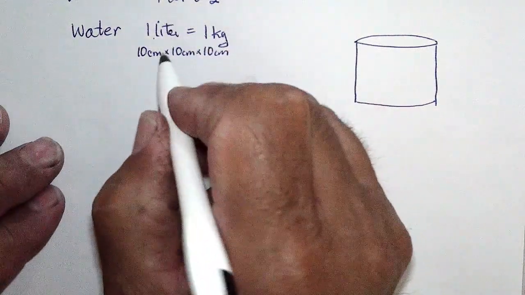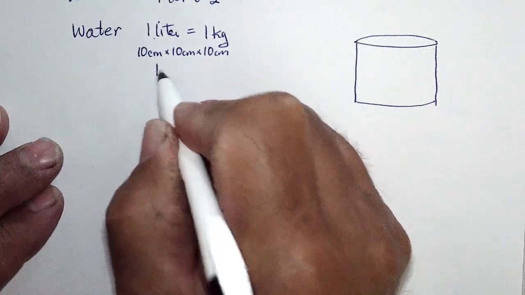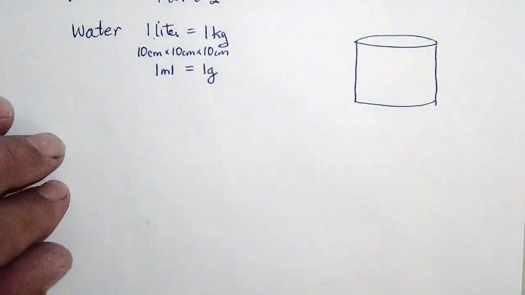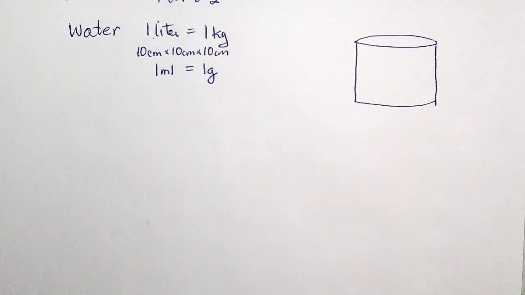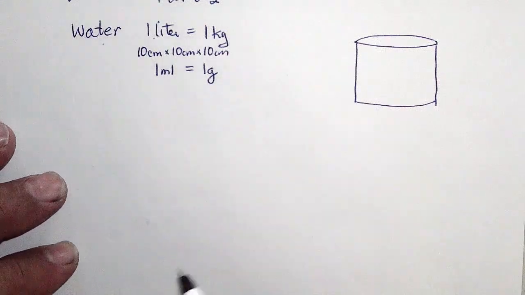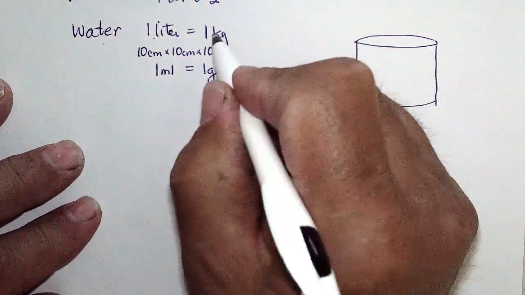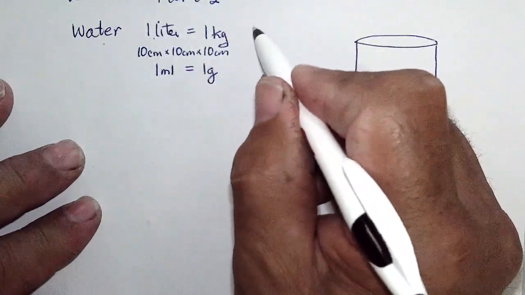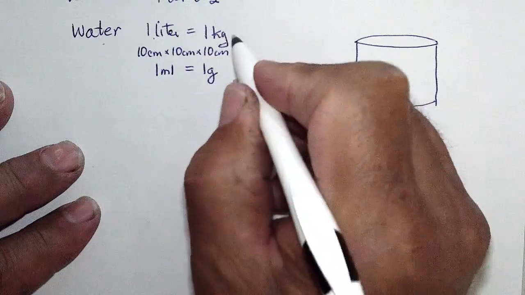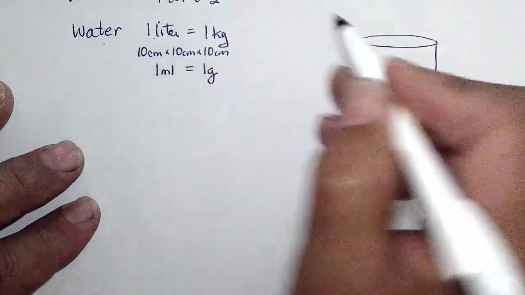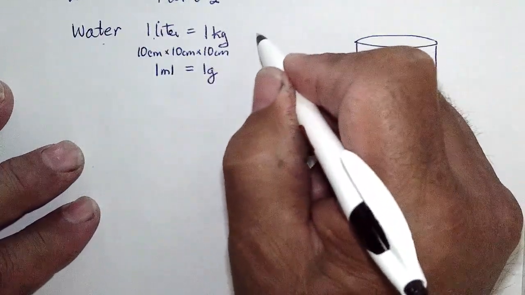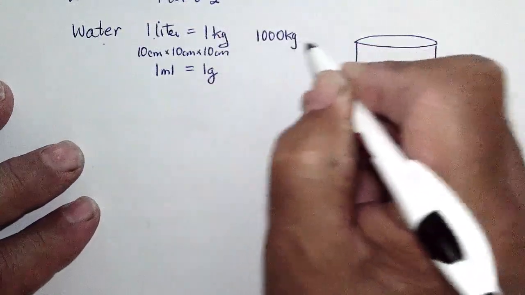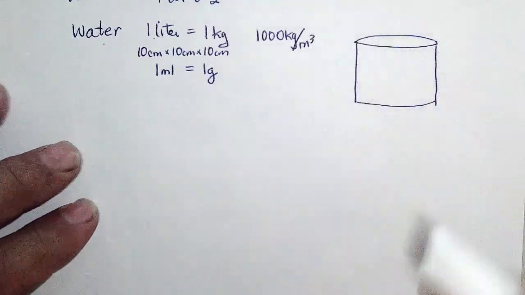The other way it's done is 1 milliliter of water is 1 gram. So the density of water then is 1,000 grams per liter, or there's 1,000 liters in a meter cubed, so the density of water is 1,000 kilograms per meter cubed.